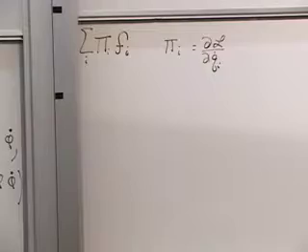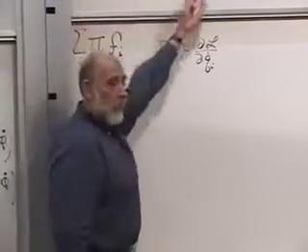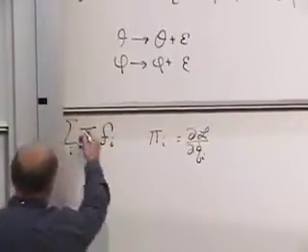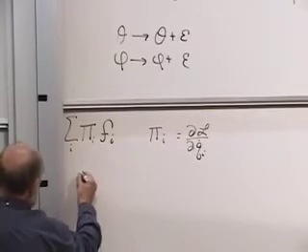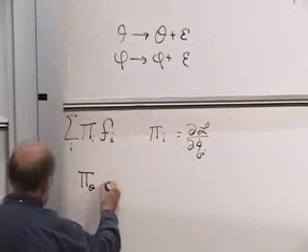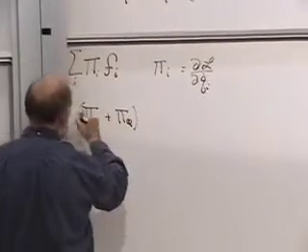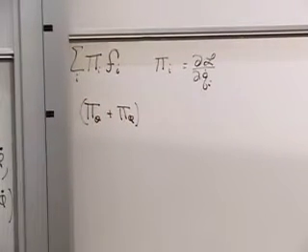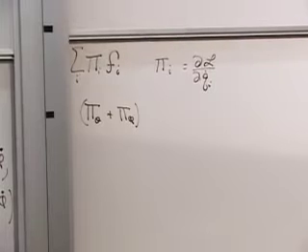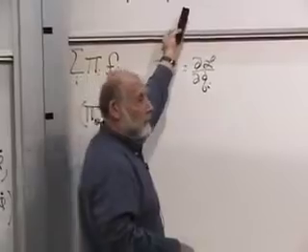And what about f sub I? In our case, the f's are just 1. So this just becomes pi sub theta plus pi sub phi. Not too surprising. It's just the sum of the canonical momenta of theta and phi. Why? Because the f's are both equal to 1.